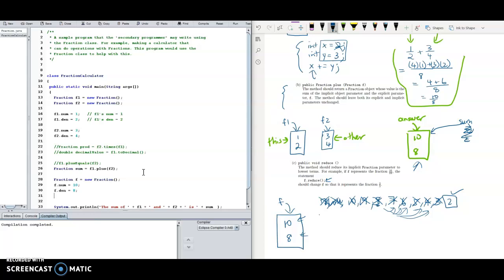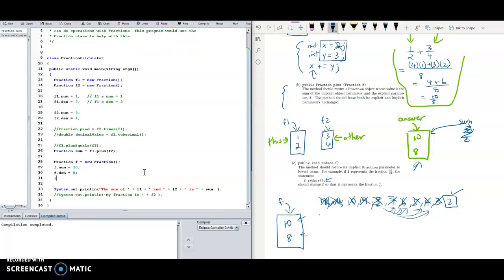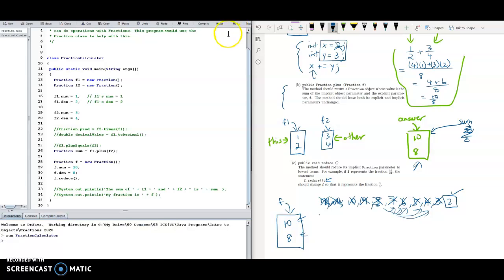Now how I would call this is I would go f.reduce. Let's leave that one in there. Let's take this one out. My fraction is f. Okay, so let's compile that, and let's run it.